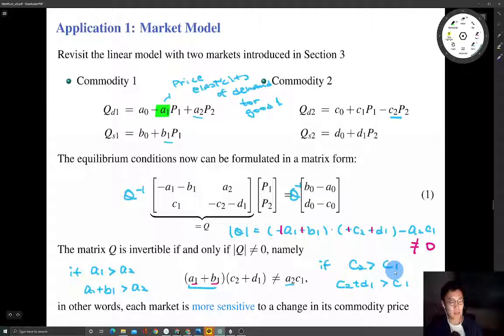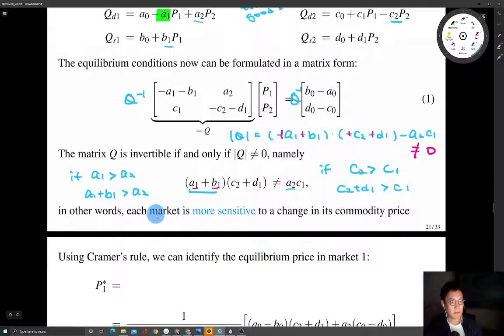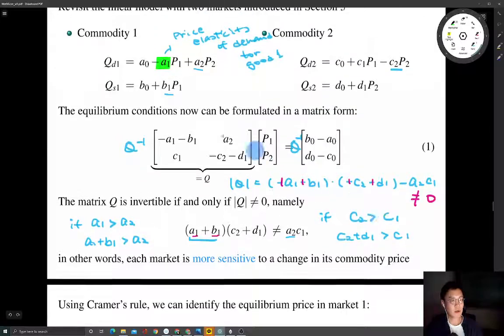Put simply, if each market is more sensitive to change in its own commodity price, so QD1 is more sensitive to P1 rather than P2, and QD2 is more sensitive to P2 rather than P1, then this condition holds. Okay, so Q is going to be invertible.